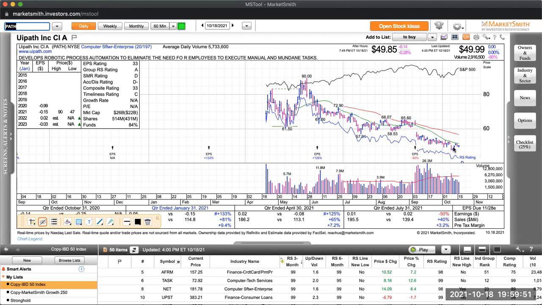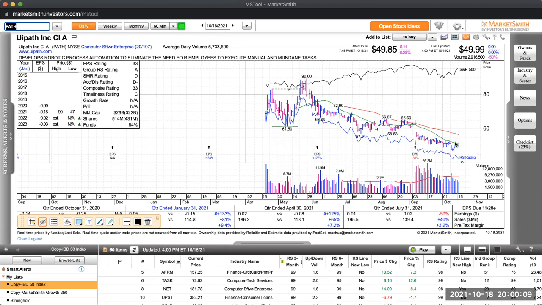And most of the IPOs, especially UiPath, right? This was a very expensive IPO. It was definitely an expensive IPO. Even pre-IPO, I know a few people who bought it for $90 and it opened at 60. So there was a lot of demand for this one.